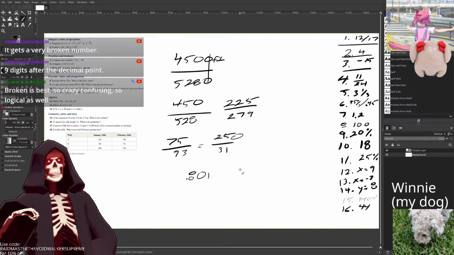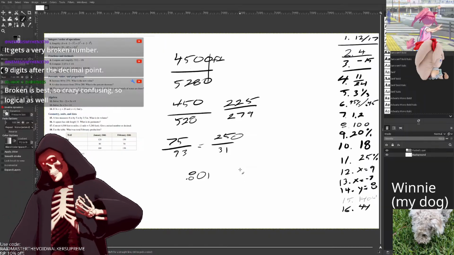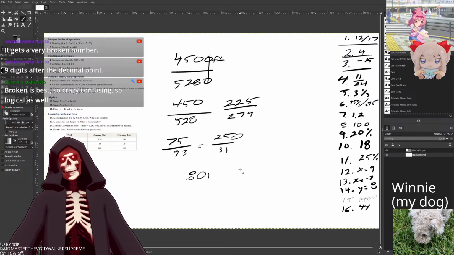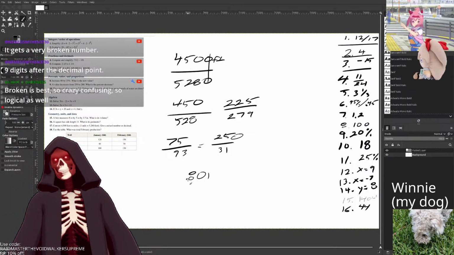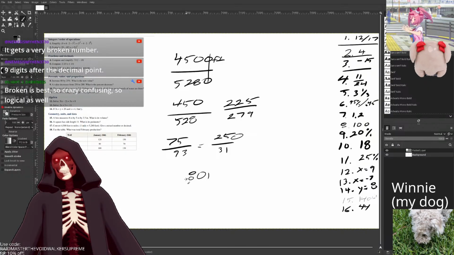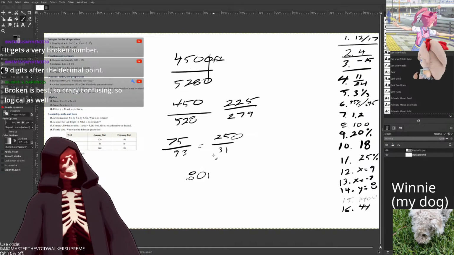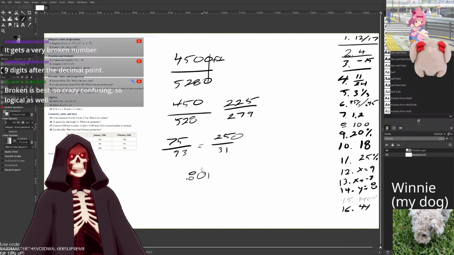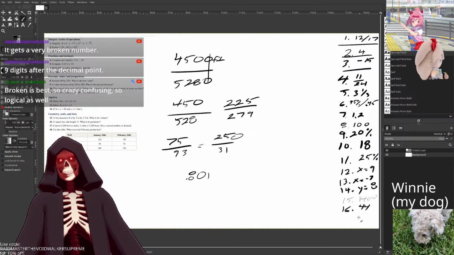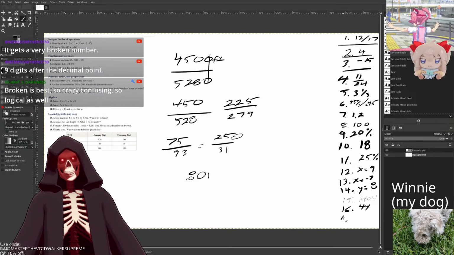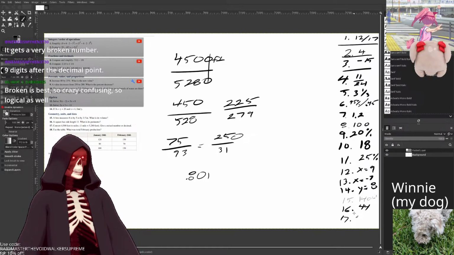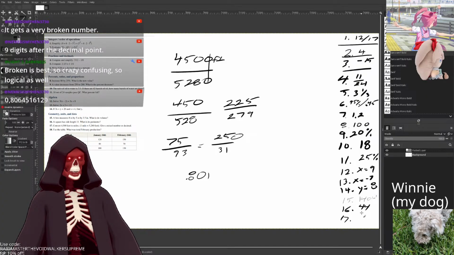I feel like I'm missing something. I'll bet you the closest one is the mixed number or decimal. I'm gonna say like 0.8. 0.806.